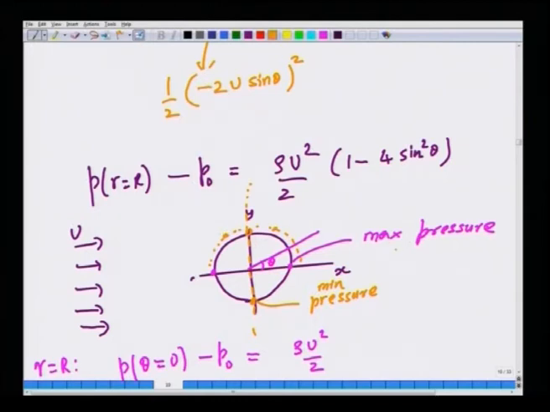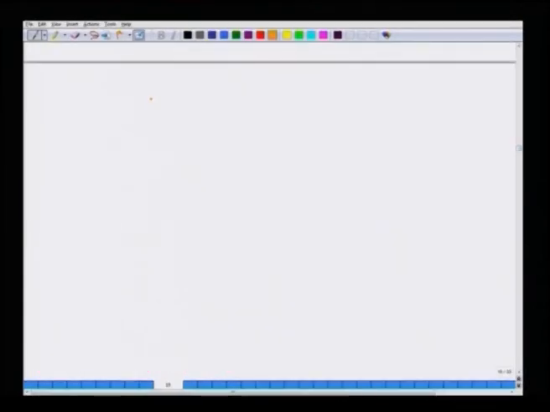So, the pressure is completely symmetric about this axis; it is called fore-aft symmetry. Once you have found the pressure, we can find the force. The force on the object is only due to the pressure force.